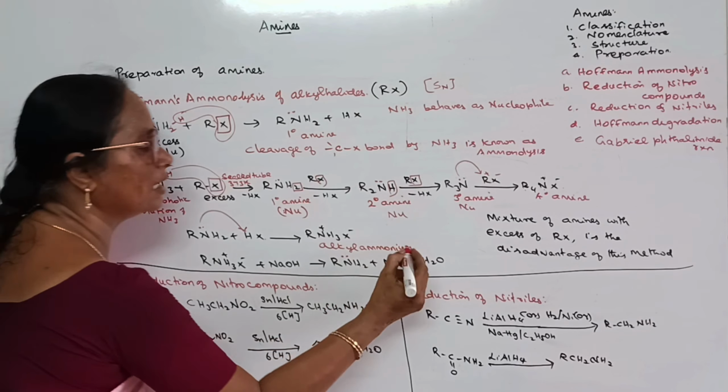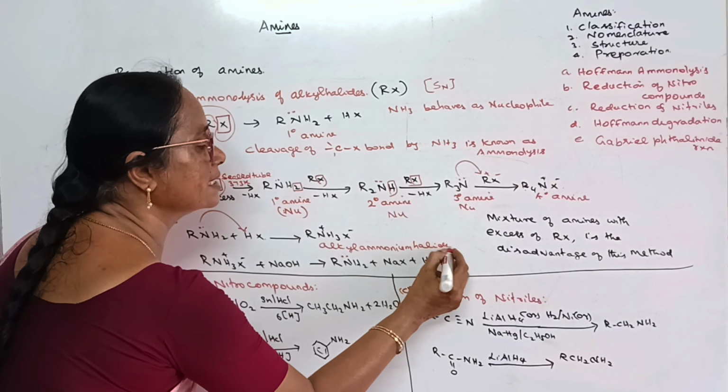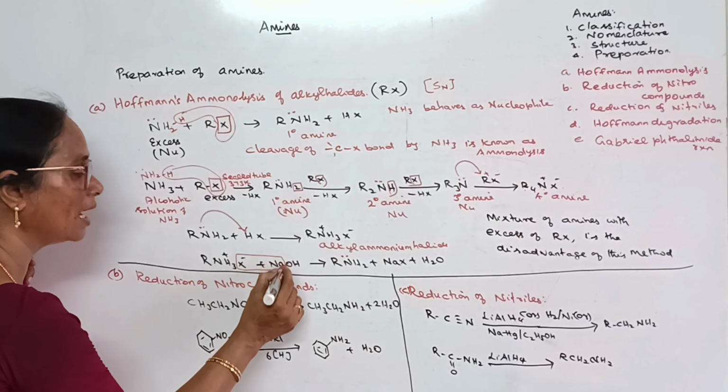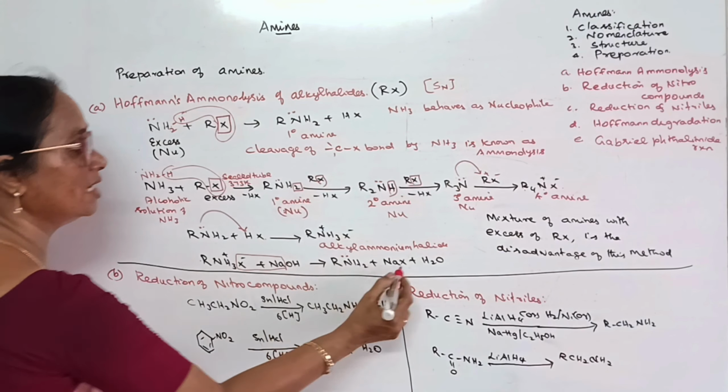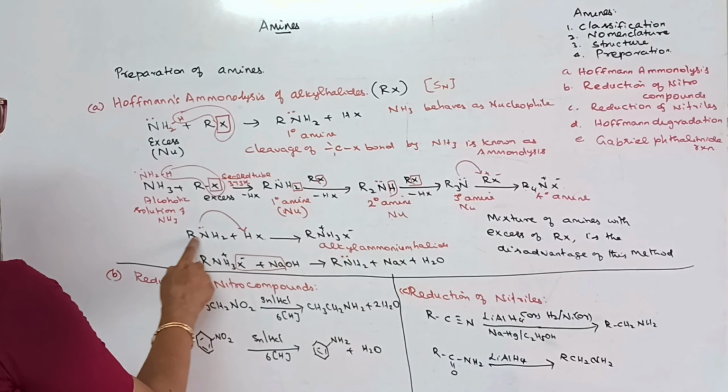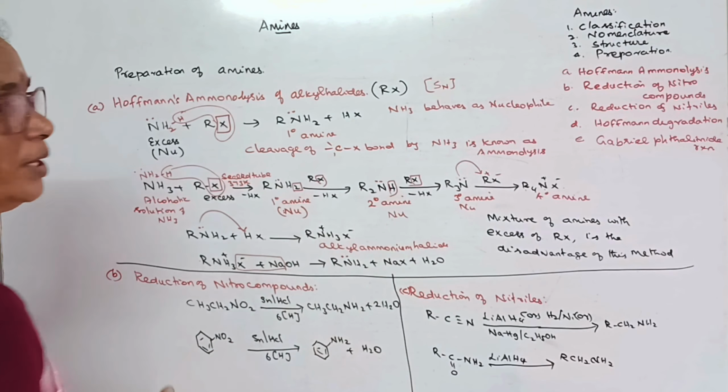When this alkyl ammonium halide is hydrolyzed by a base, I get sodium halide, alkyl amine, and water. So primary amine can be formed even from alkyl ammonium halides.